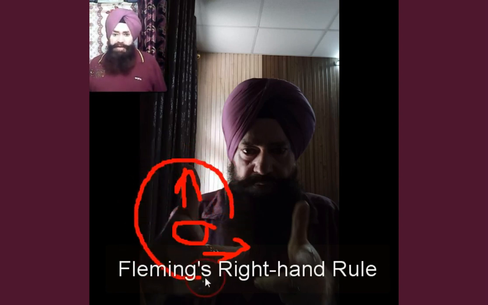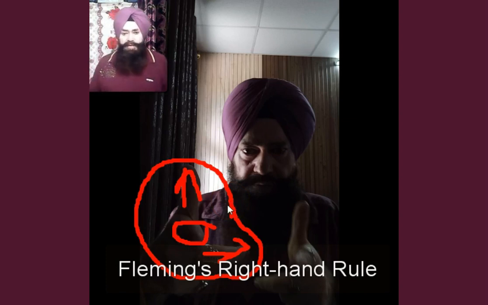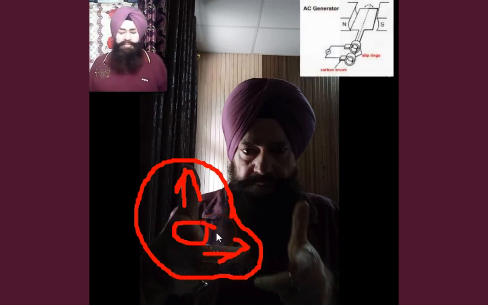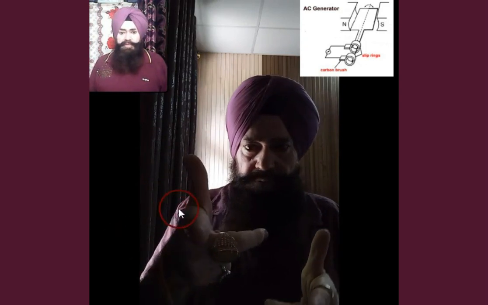This Fleming right hand rule is generally applied in the case of a generator, where the induced current or induced EMF is produced because of the motion of the coil. So remember the field, induced current, and the motion.